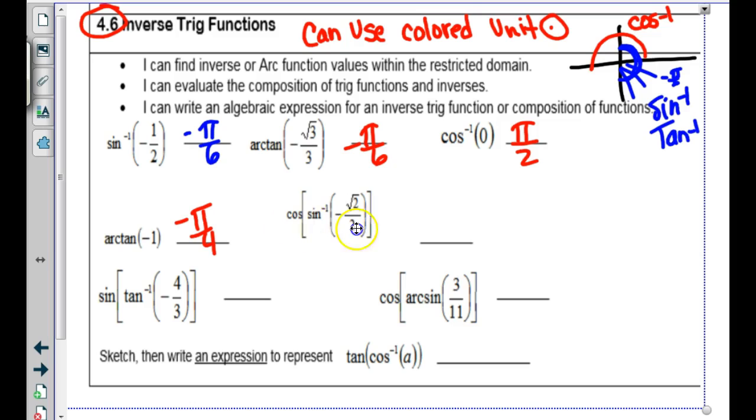So this is just a two-stepper. You answer this question. What is that asking? Can someone say in words? Where, okay, the negative 1 tells me, or the arcsine, either one tells me I'm looking for where the sine is negative square root of 2 over 2, and that answer is negative pi over 4, and then it wants the cosine at that spot.